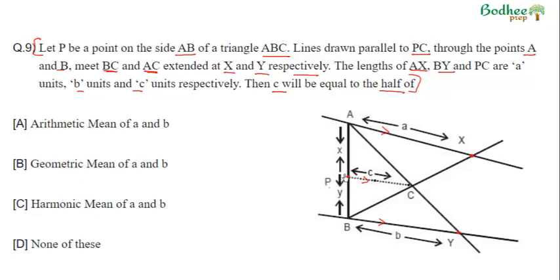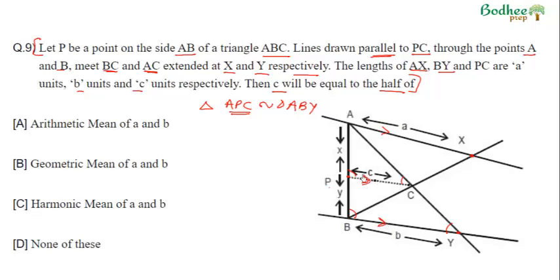Now here clearly we can apply the rule of similar triangles. Why so? Because the lines are given as parallel. For example, we can see that triangle APC would be similar to triangle ABY. Why so? Because this angle will be equal to this angle, because these two lines are parallel, right?